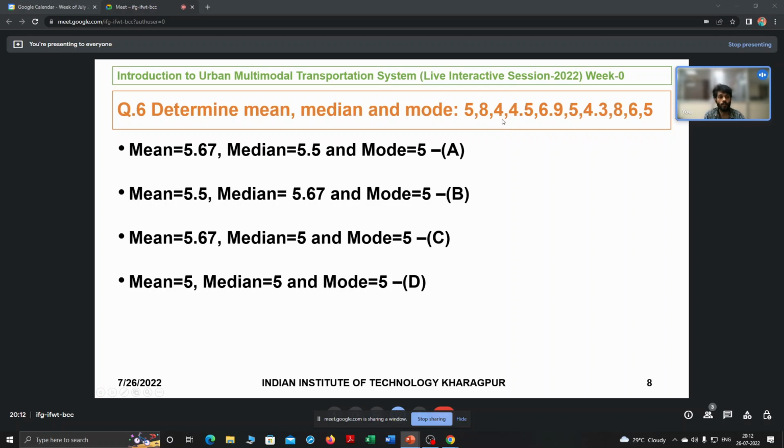So 4 to 8, if you order it in ascending order, then what is the mid position? It is not the average but the mid position of the value that determines the median. So here if you rearrange, there are 10 data points, right?